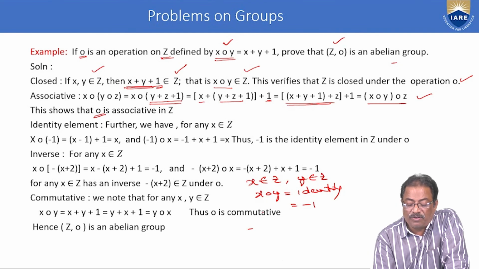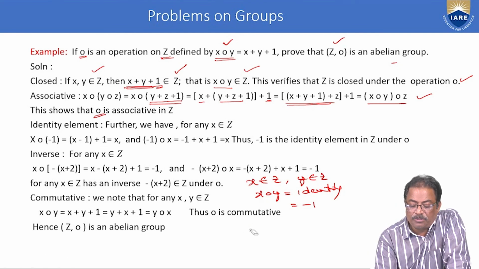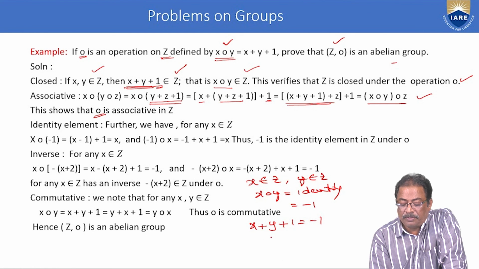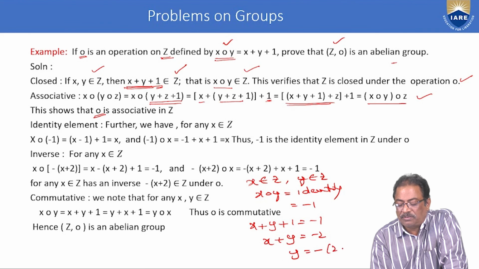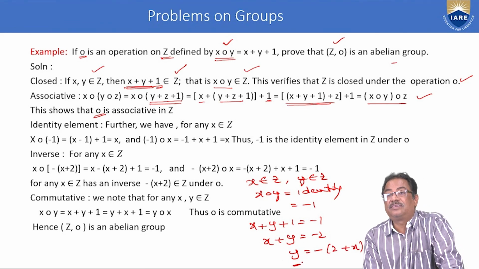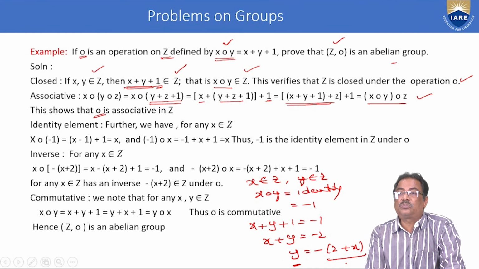How is X circle Y defined? It is X plus Y plus 1 is equal to minus 1. So X plus Y is equal to minus 2. So Y is minus 2 minus X. Y is the inverse of X, which is minus X minus 2.